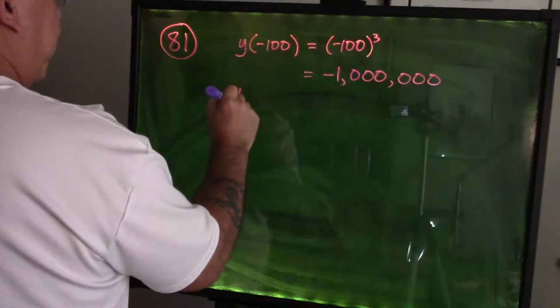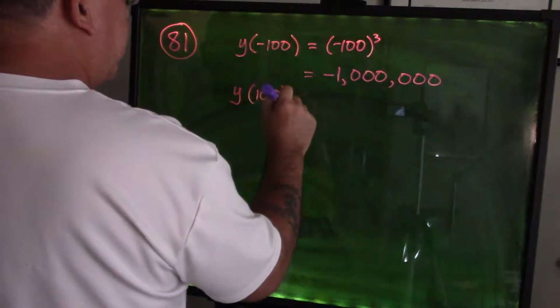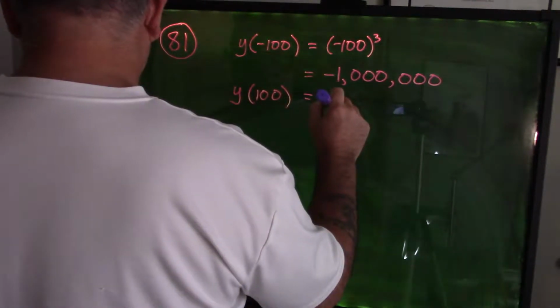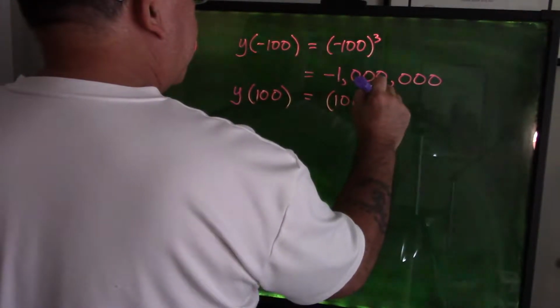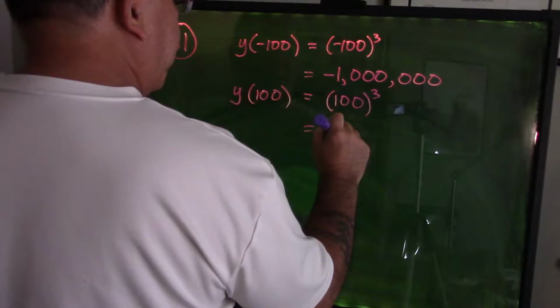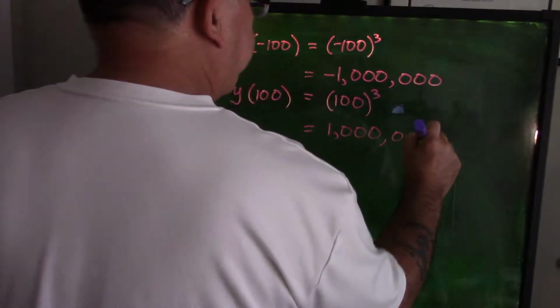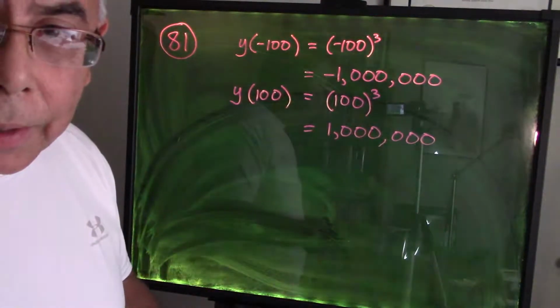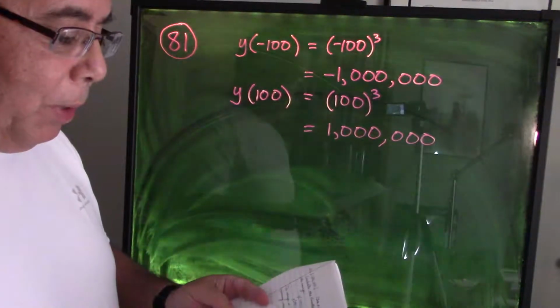And then the right endpoint, y of 100 is equal to 100 cubed. And that's 1 million. Okay, so the range is from negative 1 million to 1 million.